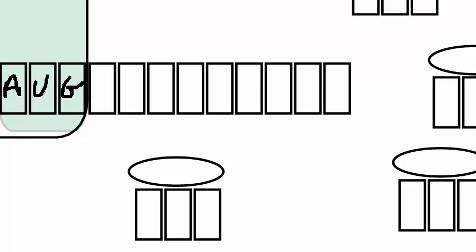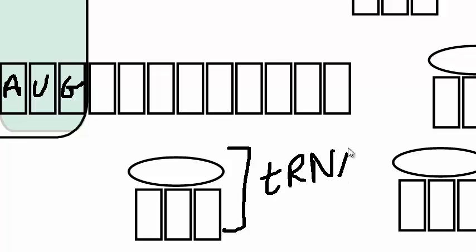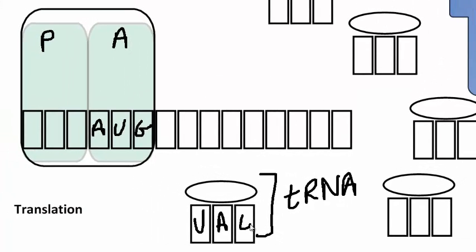In order to get an amino acid into place, though, we need the help of something called a tRNA, or a transfer RNA. The tRNA holds the opposite of the AUG. So the opposite of AUG is UAC. The three-letter patterns on the mRNA are called codons.